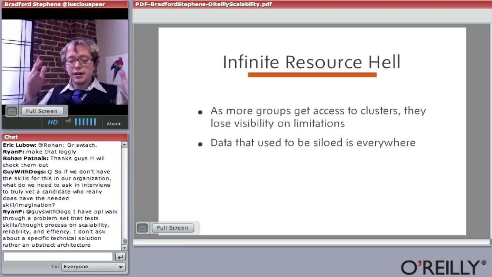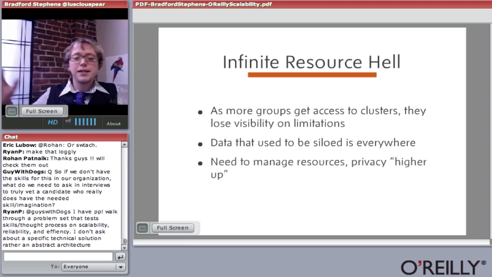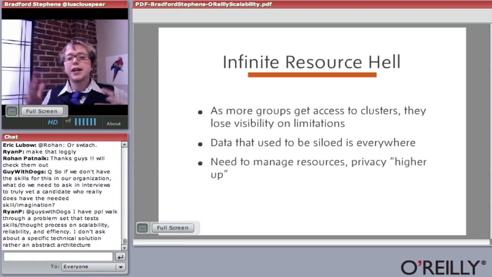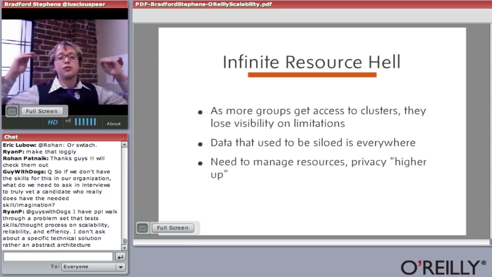Things that used to be siloed, this is our transaction database, this is our data warehouse, this is the results from our marketing campaign, are all going to be in one giant Hadoop cluster now. And orgs across the entire company are going to want to run jobs against it. Which means you have to manage resources and things like data visibility higher up.